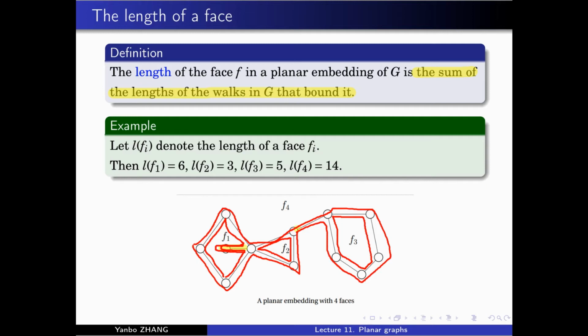Note that this edge is counted twice because when we travel around the outer face, we see the bridge edge twice, both sides of it. So it's counted twice. So we need to pay attention that the length of a face is not the number of edges incident to the face.